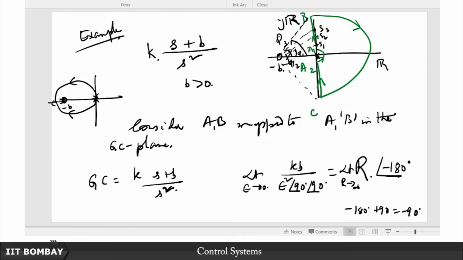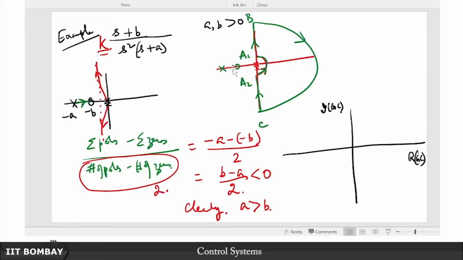Here also the pole and 0, their cumulative effect is negligible at this point A1, so it is 180 degrees. Since they come in the denominator, the overall effect is to have a point somewhere here at minus 180 degrees. So let us say this is my A1 prime.